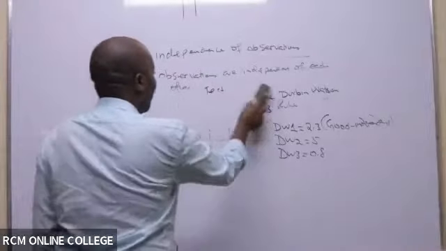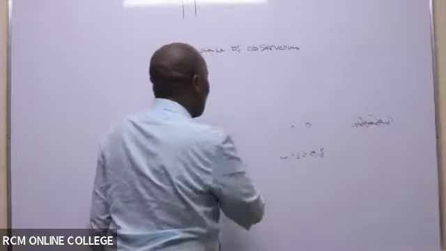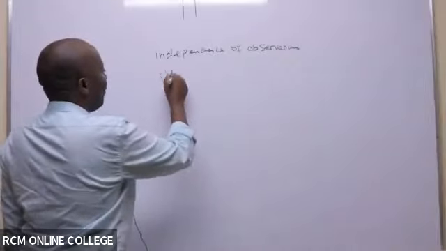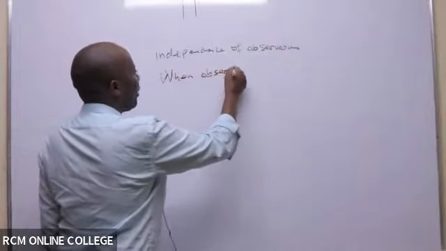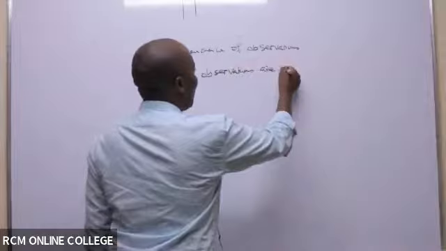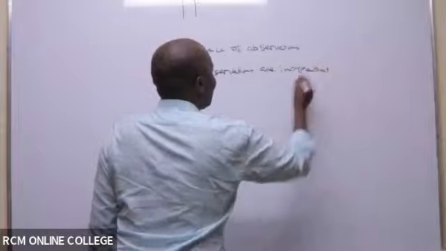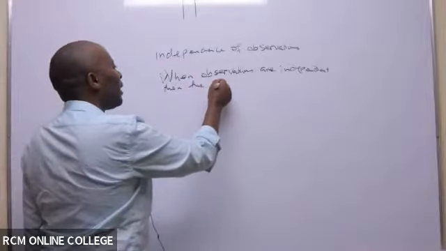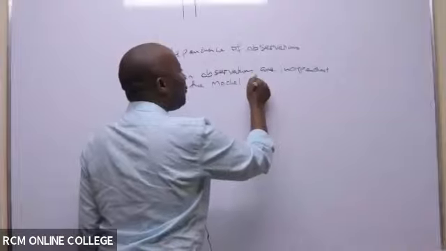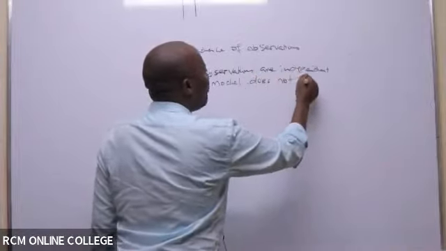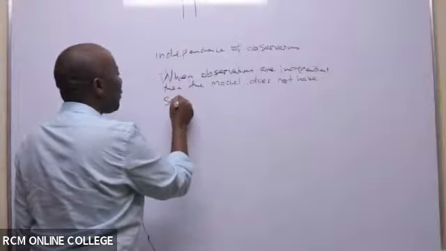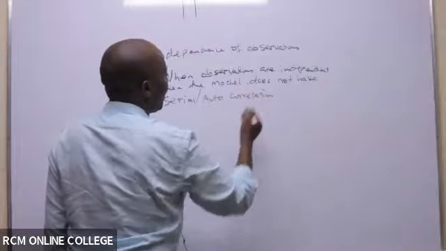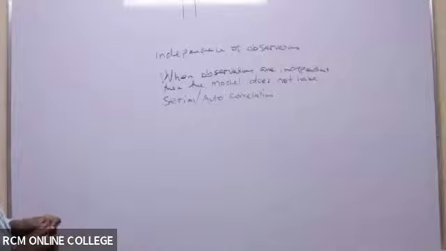Tell us there that when observations are independent, then the model does not have what we call autocorrelation.